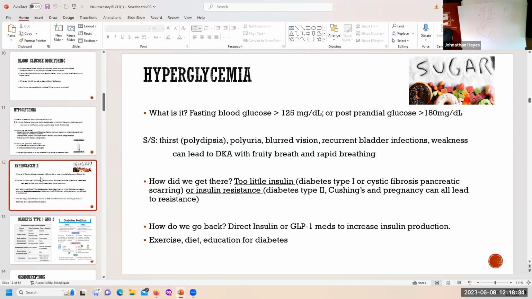Which is indicating that changes are occurring. So high A1C kind of gives you a broader vision of high glucose over time, which is leading to these blood protein changes.